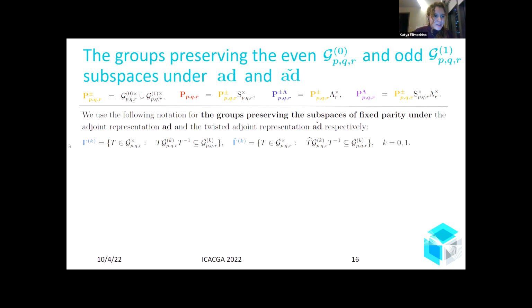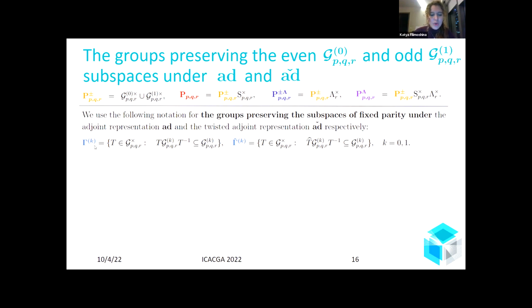We use this notation for the groups preserving the even or odd subspace under the adjoint representation. And this notation for the groups preserving the even or odd subspace under the twisted adjoint representation. If k equals 0, it means that the group gamma preserves the even subspace, that is the subspace of all even elements. And if k equals 1, the group gamma preserves the odd subspace.